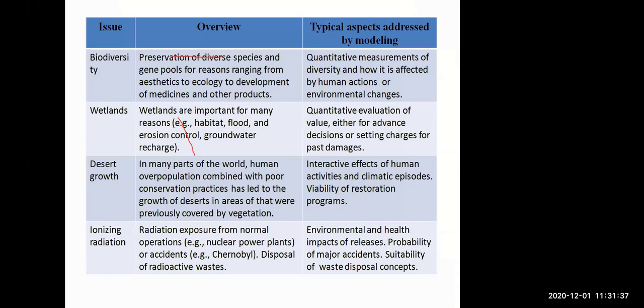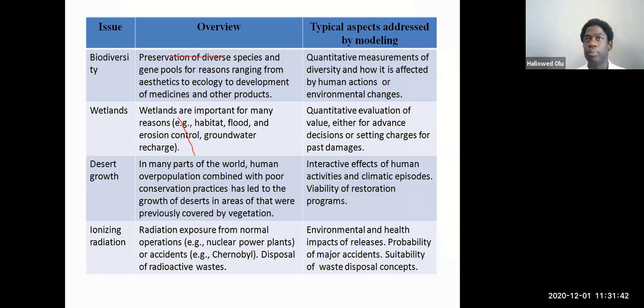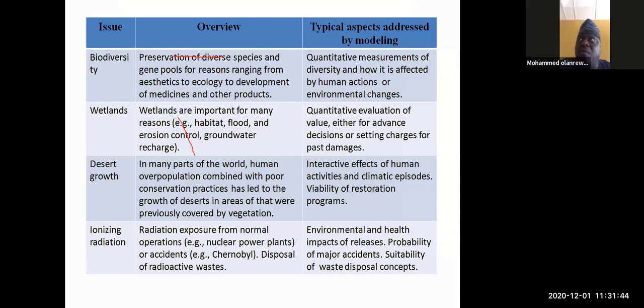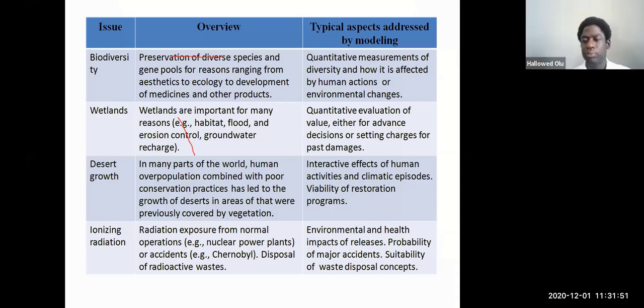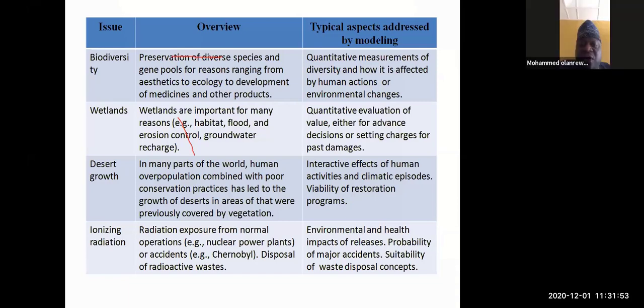Impact: in many parts of the world, human overpopulation combined with poor conservation practices has led to the growth of desert in areas that were previously covered by vegetation. Typical aspects that can be addressed by modeling: interactive effects of human activities and climatic episodes.